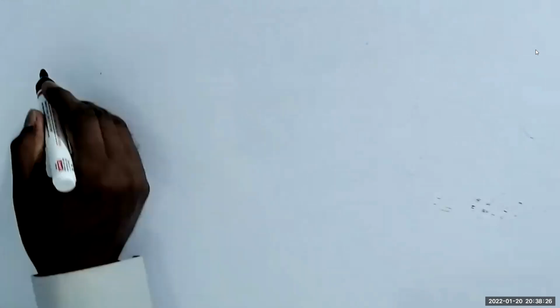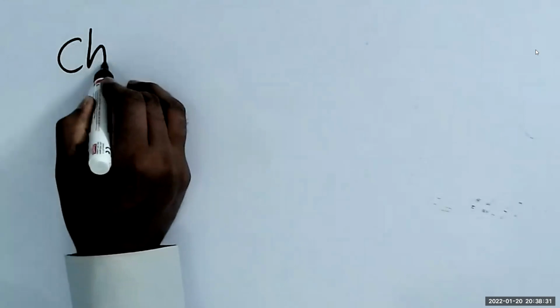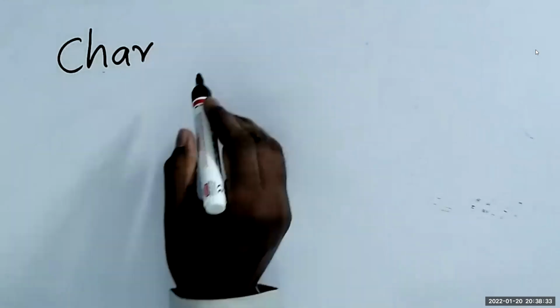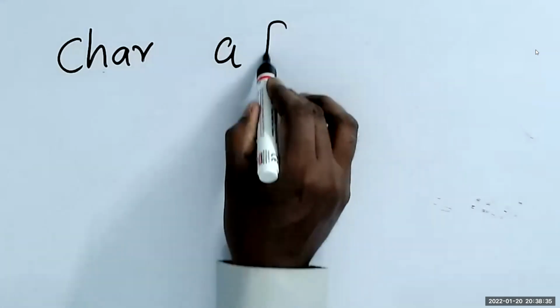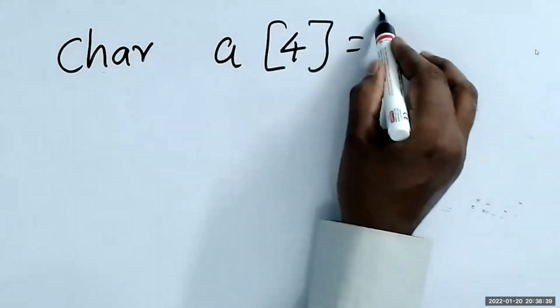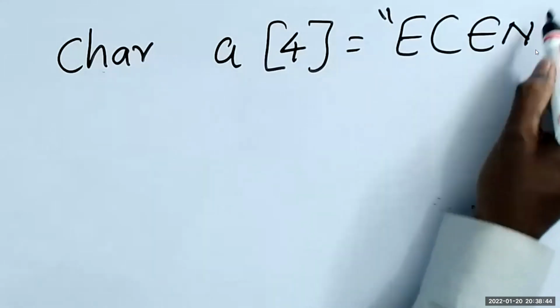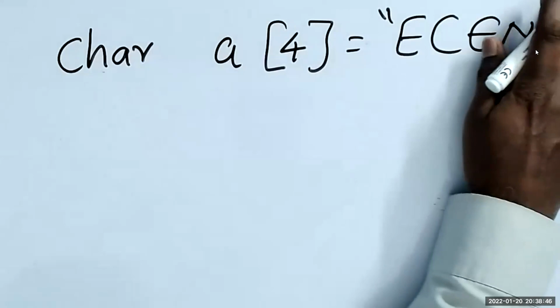Try to understand. I have written now char A of 4 equal to ECEN. Am I right? This is what I did. Double quote.